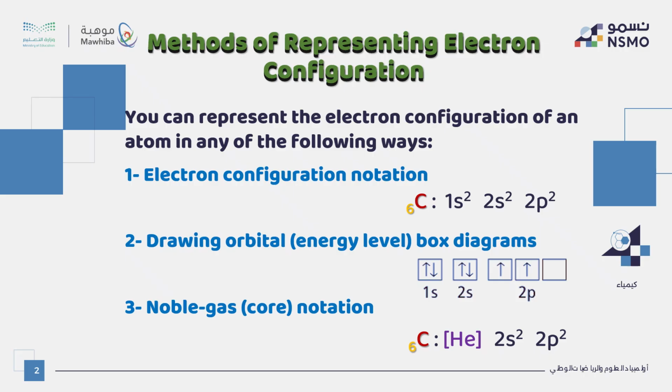Carbon is in period 2, so we can use helium, written as helium between 2 brackets. So carbon's configuration becomes [He] 2s2, 2p2. This method is shorter and very useful for larger atoms.